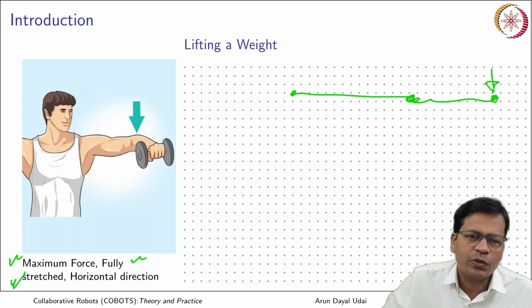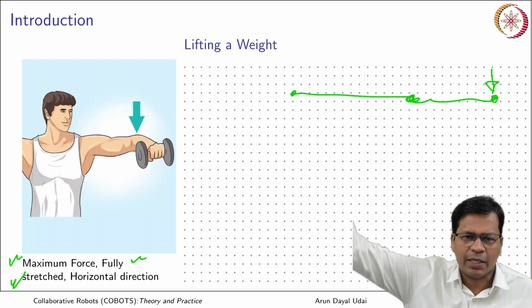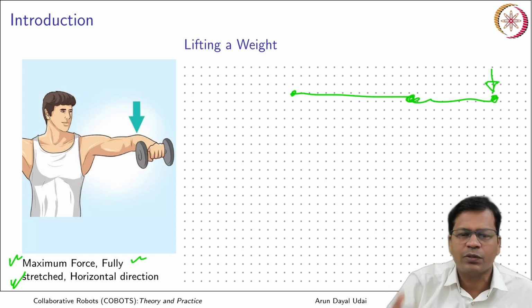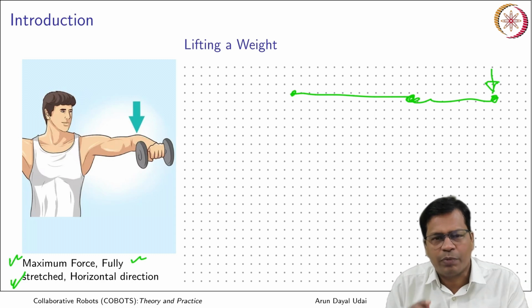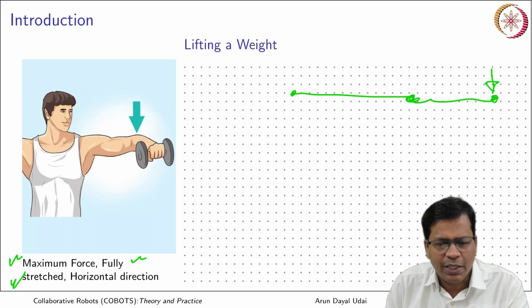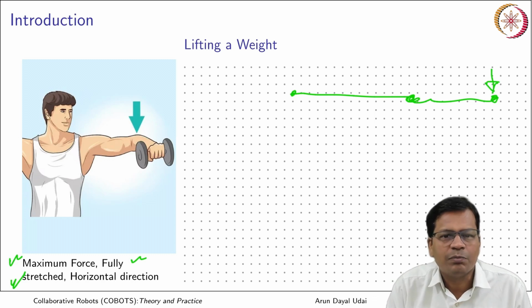So let's say you want to throw a cricket ball. You normally stretch your arm to the maximum and throw the ball, so that you can impart the maximum velocity to the ball. But when you play cricket, you hold the bat with both arms, keep the bat in the mid range and maneuver the bat so that you can apply maximum force.